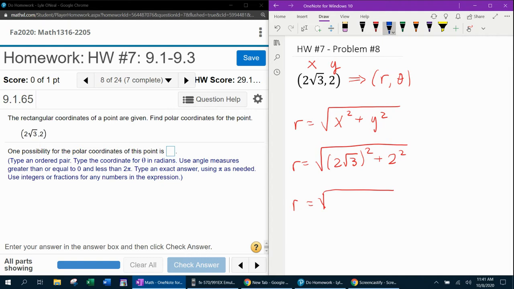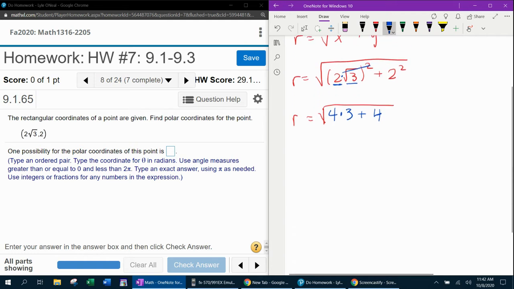Since there are two factors, that is 2 times square root of 3 that's being raised to the second power, each one of those factors gets squared. So the 2 is going to get squared, which gives me a 4. And the square and the square root cancel, leaves me a 3. And then plus 2 squared is 4. So that's how that works manually.